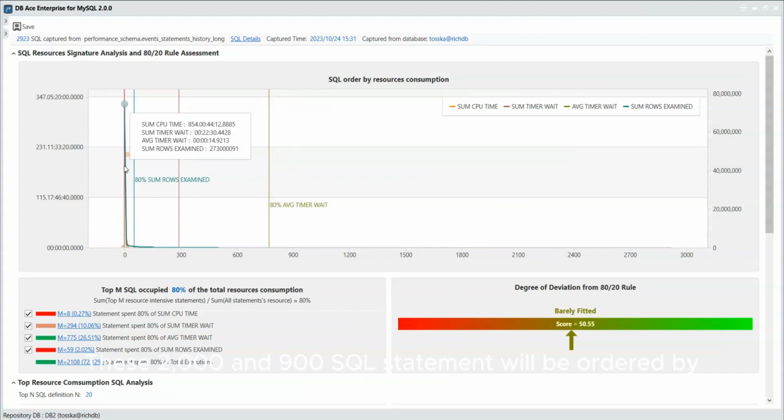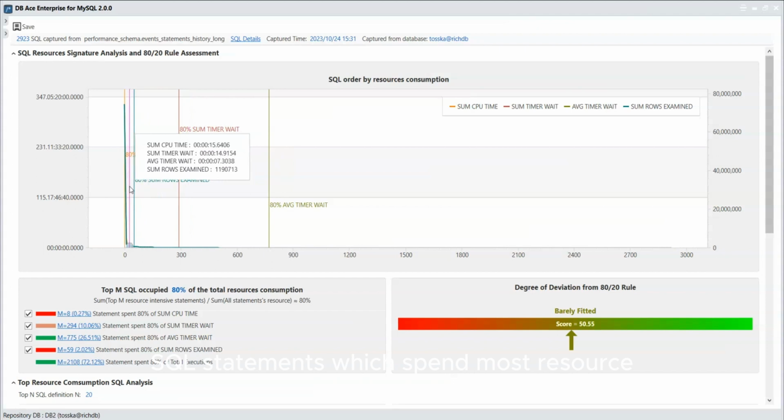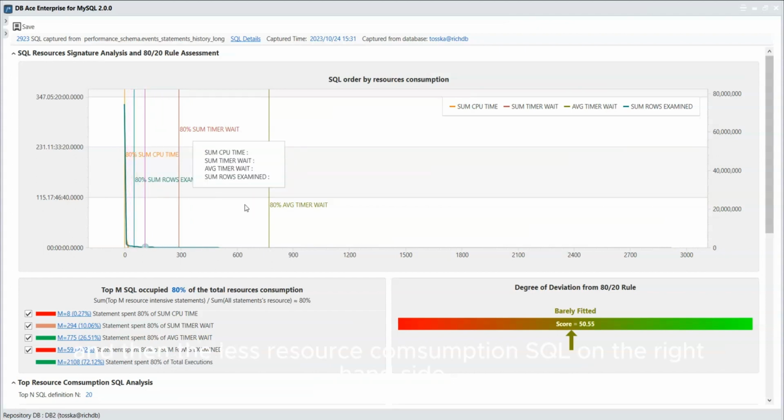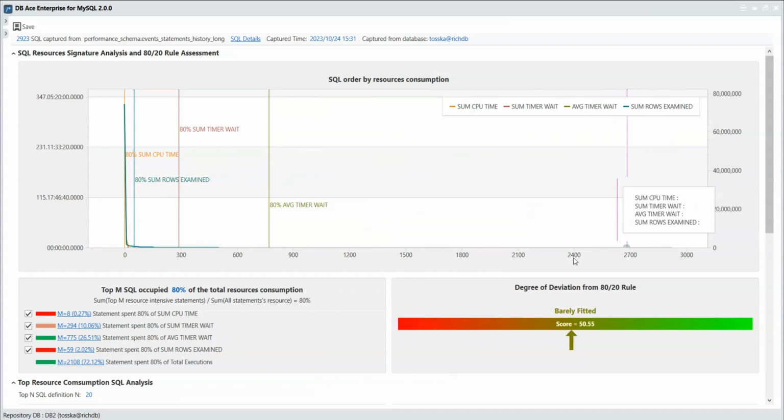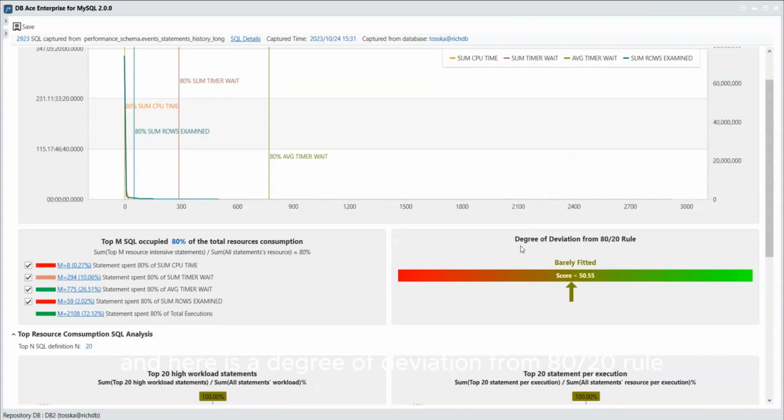These 2,900 SQL statements are ordered by resource consumption. On the left-hand side are the SQL statements which spend the most resources, and then the SQL with less resource consumption on the right-hand side. And here is the degree of deviation from the 80/20 rule.